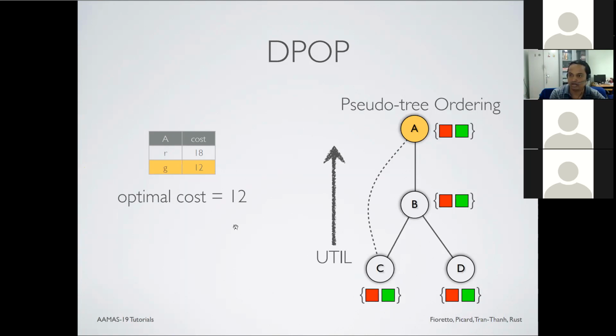But a complete algorithm, for example SBB or DCOP, will always give you the optimum result. To get it, you have to wait till the termination of the algorithm. Sometimes for a large network or a large number of agents, this waiting time, this computation time, will be huge. So that is an issue.